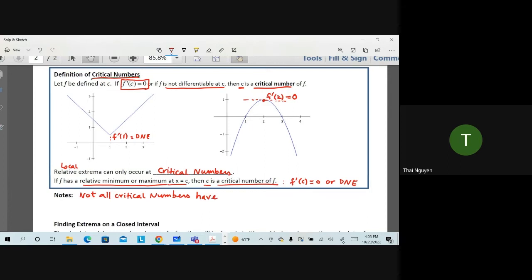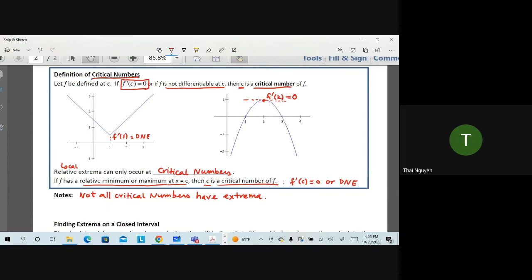And I will give you an example so you can see that not all critical numbers have extrema. If the function has extrema, then at the extrema the derivative must equal 0 or DNE. But there are other critical numbers that don't occur at a local min or local max.